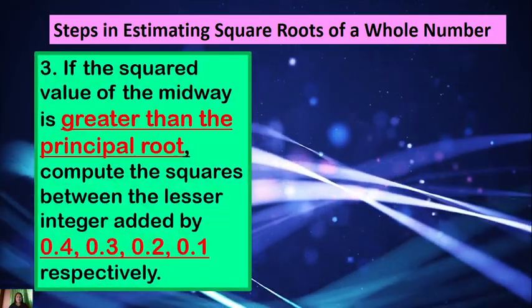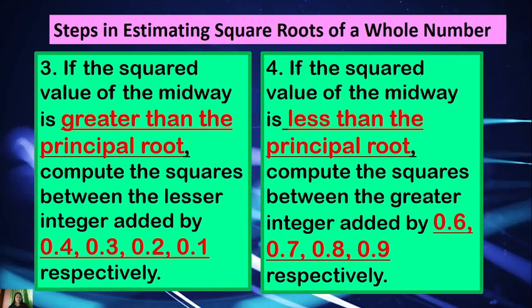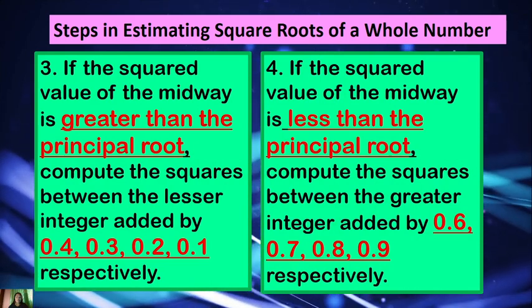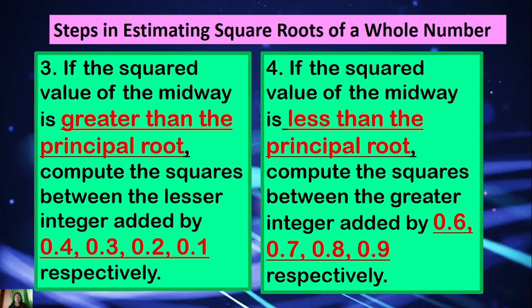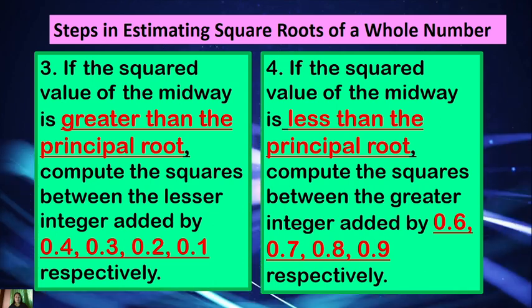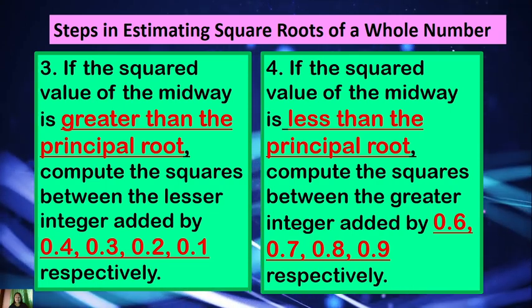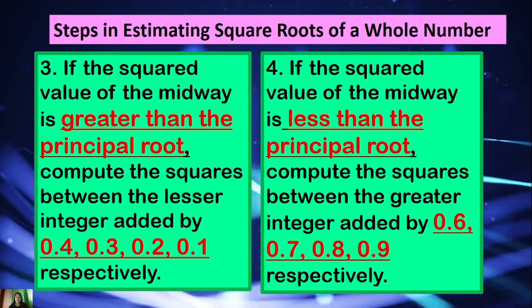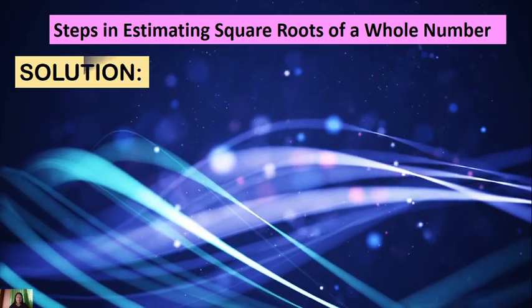And 12.25 is it number 3 or number 4? That is number 4. The squared value of the midway is less than the principal. So compute the squares between the greater integer added by 0.6, 0.7, 0.8, 0.9.